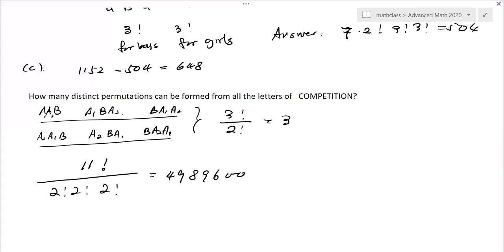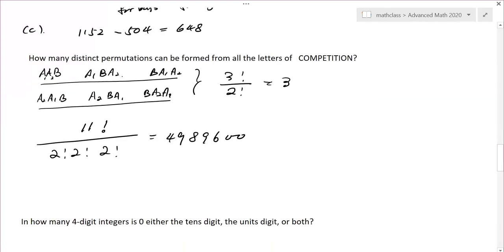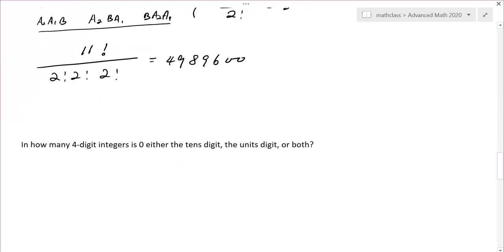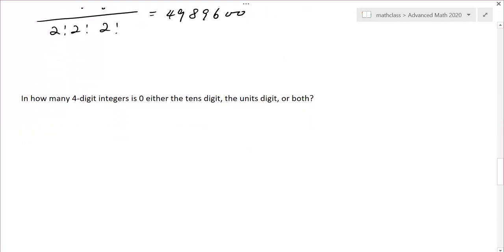All right, so let's take a look at the next one. We're going to study counting numbers. In how many 4-digit integers is 0 either the 10th digit or the unit digit, or both?